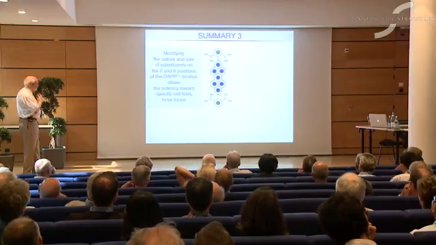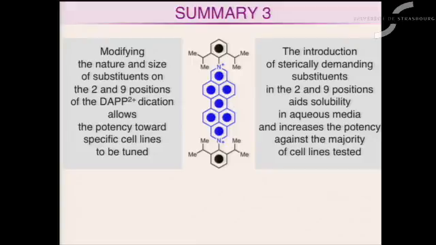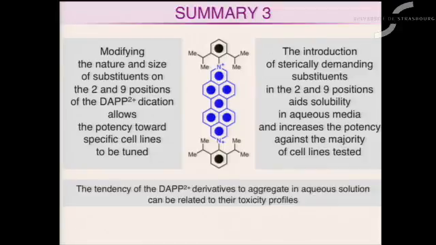So the summary there is that modifying the nature and size of the 2 9 substituents allows the potency towards specific cell lines to be tuned, and the introduction of these very sterically demanding groups not only aids the solubility in aqueous solution, but increases the potency against the cell lines that we have tested.